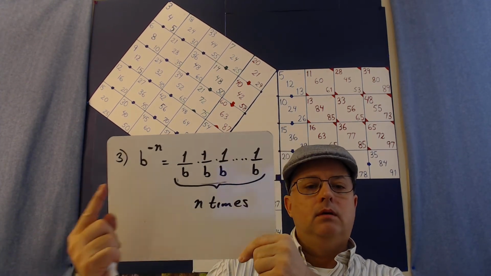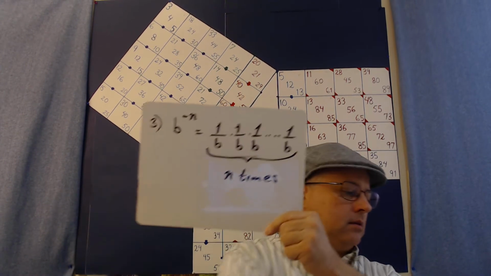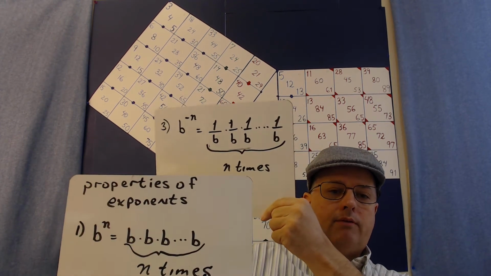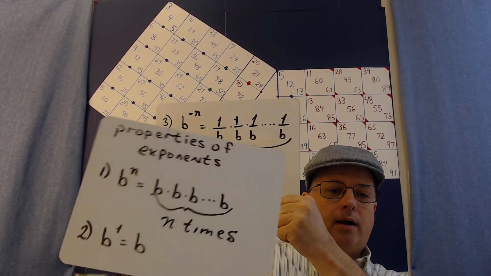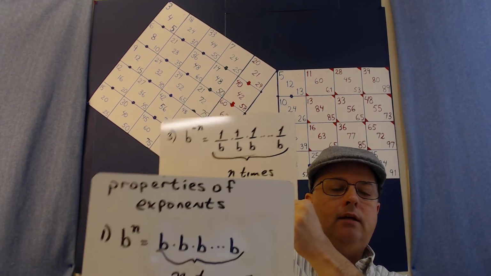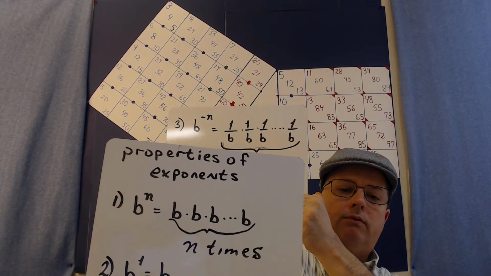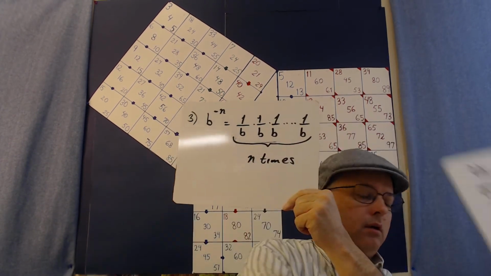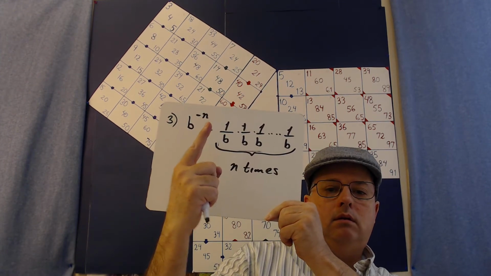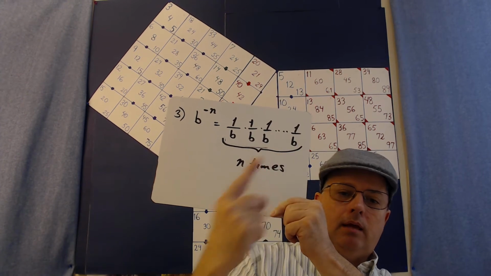Okay? b to the negative n, well, negative n is the opposite of positive n here. b to the positive n is saying multiply b times itself n times, and b to the negative n is telling us to divide by b n times.